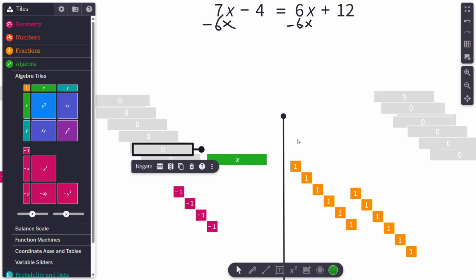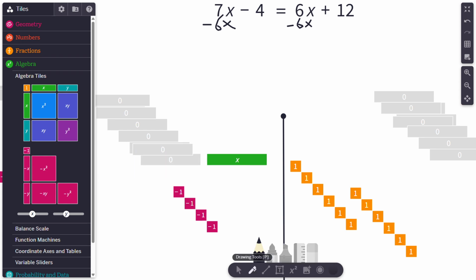So we're left with on our equation x minus 4 equals 12. Now, we got to get rid of the minus 4, so to do that, we have to add 4 to both sides.